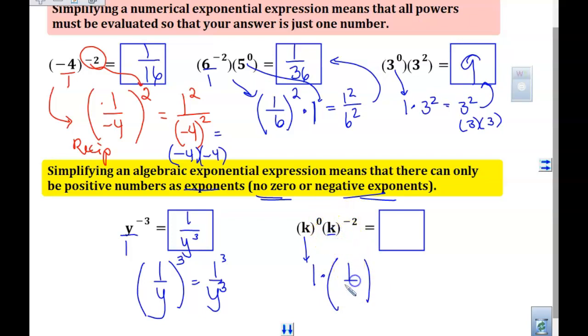Okay. 2 is positive. Positive 2. So I have 1 times that. 1 times anything is just going to be what I start with. So I can just go 1 squared over k squared. And my answer, if I'm finishing this one, should be what, Amy? 1 over k squared.